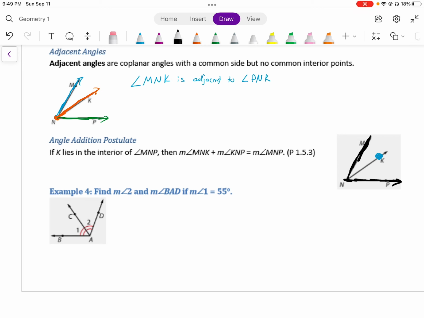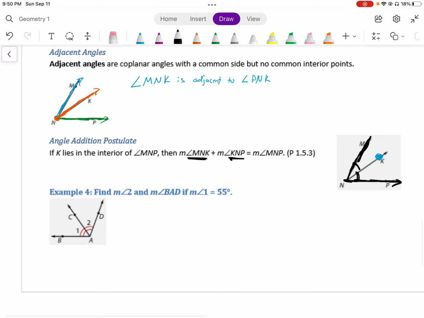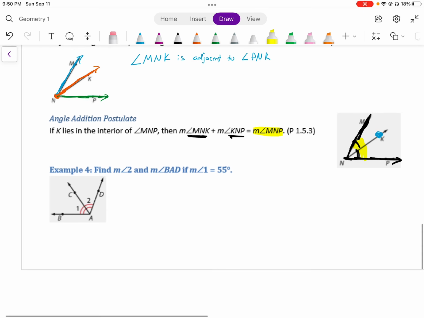We can say that the two smaller angles, which are MNK plus KNP, is equal to the measure of this larger angle. So that whole thing there is equal to the measure of that larger angle. And we'll see that in this example here.